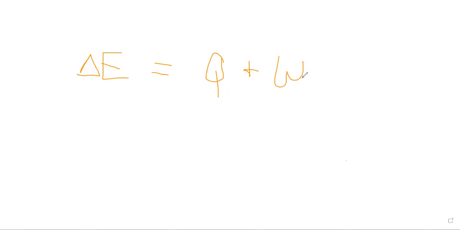Now, if we have open systems, we can have fluxes of energy crossing the system, entering and getting out.